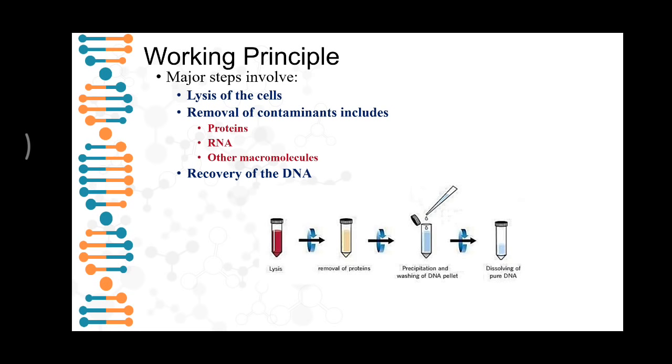Then we have to remove the contaminants, that is proteins, RNAs and other macromolecules, which we can say precipitate, and then the recovery of the DNA. The removal of contaminants we can call purification, and the recovery of the DNA we can call the precipitation form.